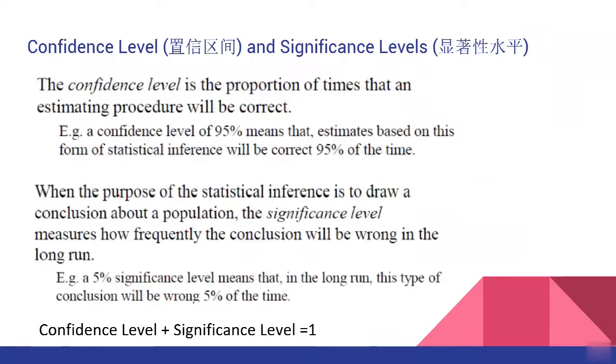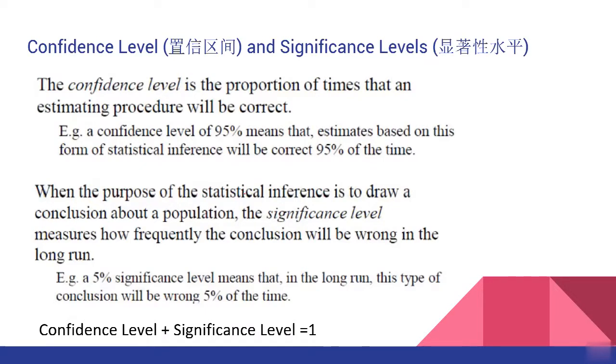Okay, right. There are two other concepts called confidence level and significance level. The confidence level is the proportion of times that an estimating procedure will be correct. For example, we say a confidence level of 95%, which means that estimates based on this form of statistical inference will be correct 95% of the time.